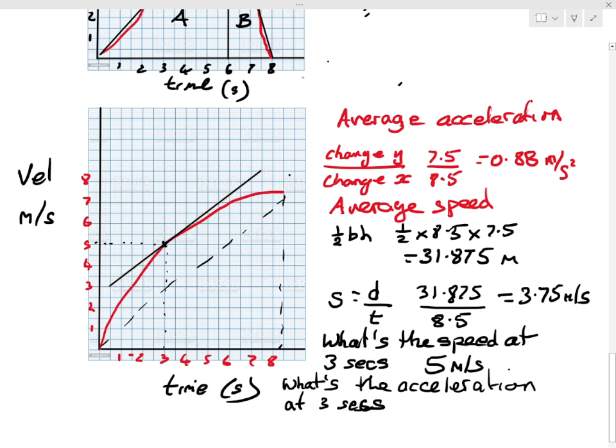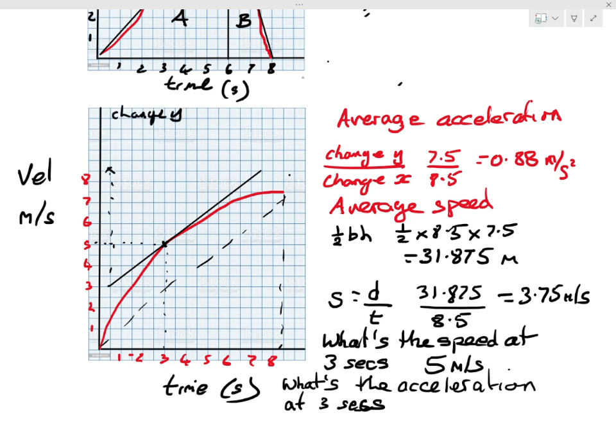So you draw a tangent so that you can have a change in y and a change in x. You don't have to go from the beginning to the end of the line, it doesn't make any difference, but I will. So the change in y from here up to the end of the line is there, so that's 8.5.